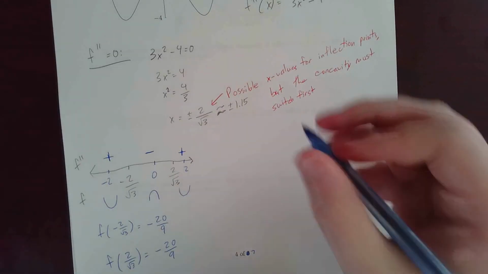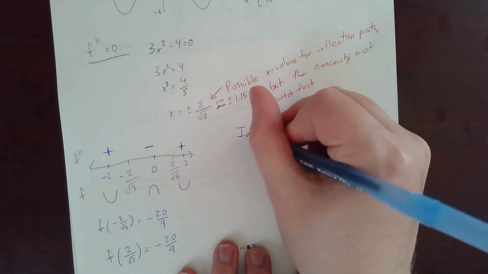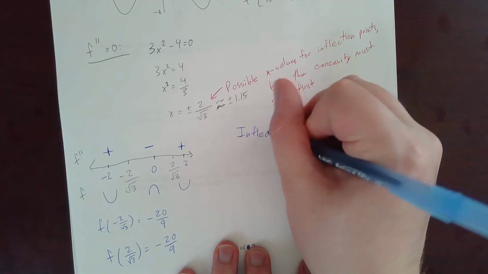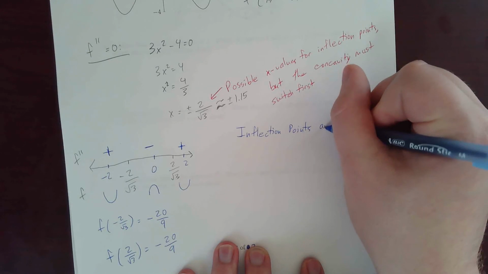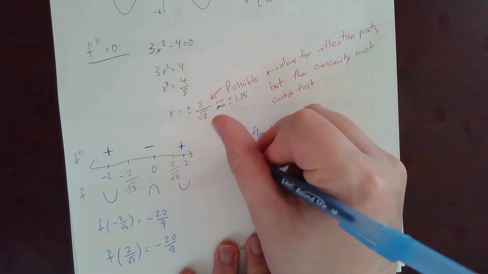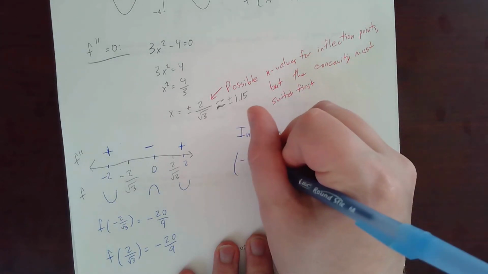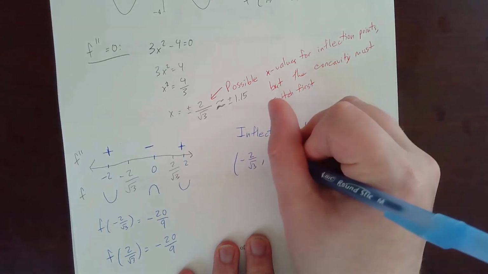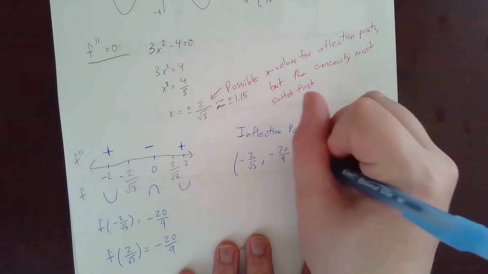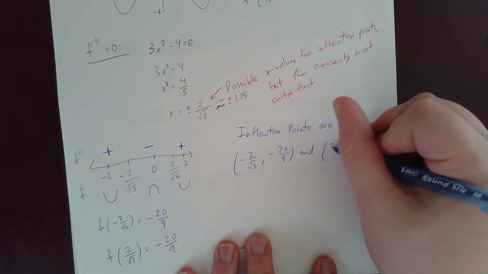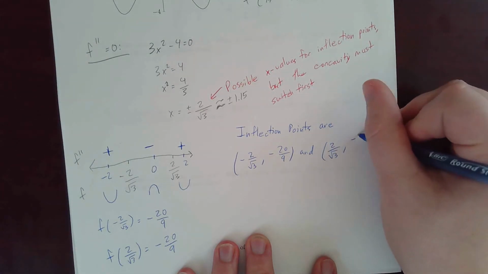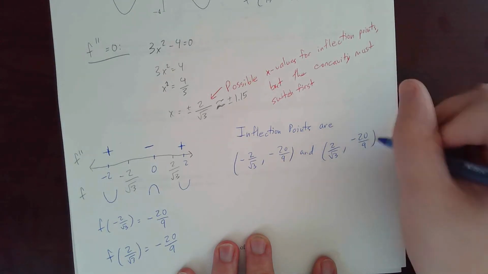So if we're asked about our inflection points, they are -2 over the square root of 3, -20 over 9, and 2 over the square root of 3, -20 over 9.